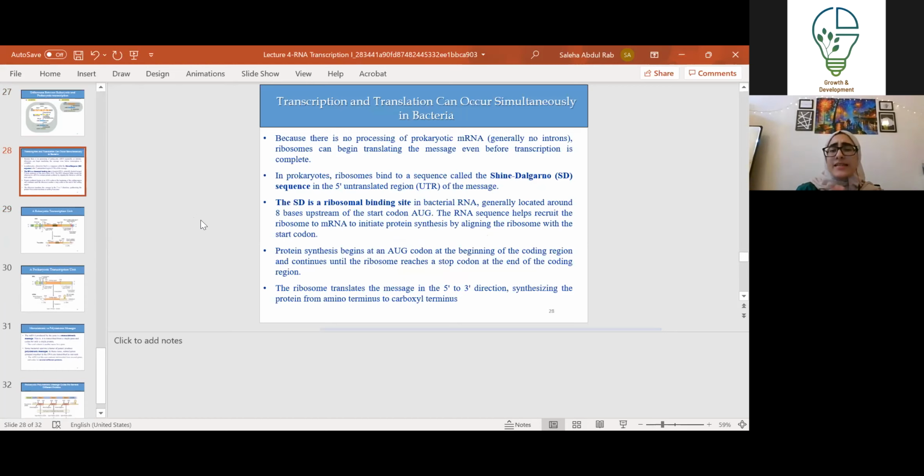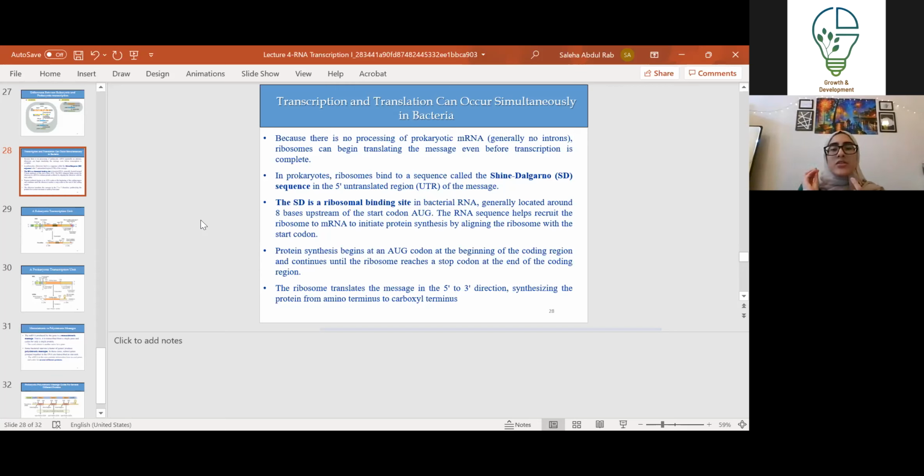All right, someone else is asking, can you please tell us about the Shine-Dalgarno sequence? This is more important for translation. It's really a portion of the mRNA in prokaryotes. It's a portion of the mRNA which indicates to the ribosome where to start translation from.